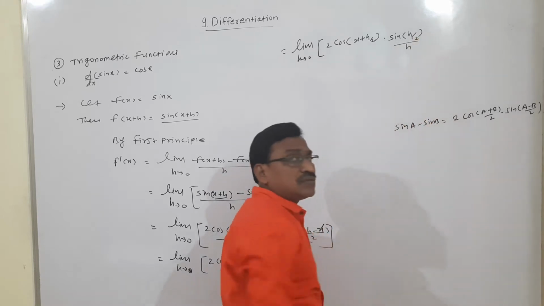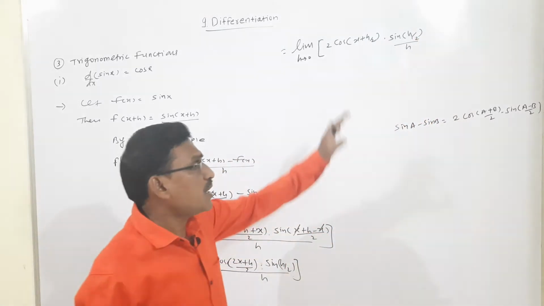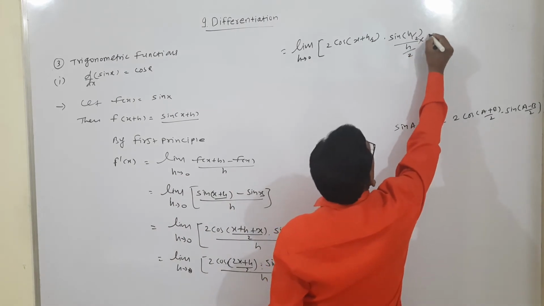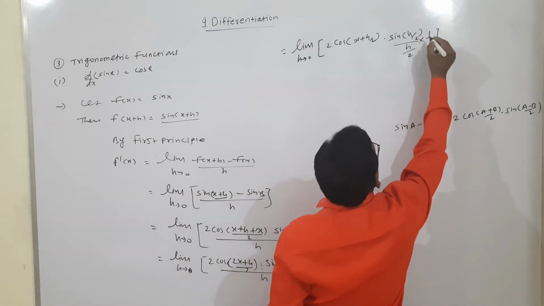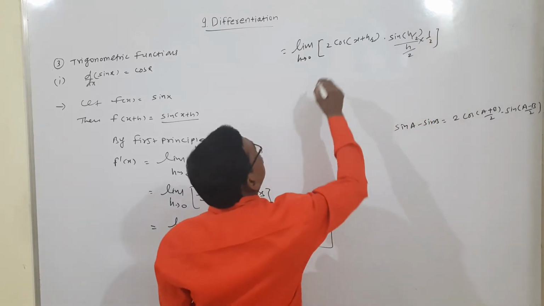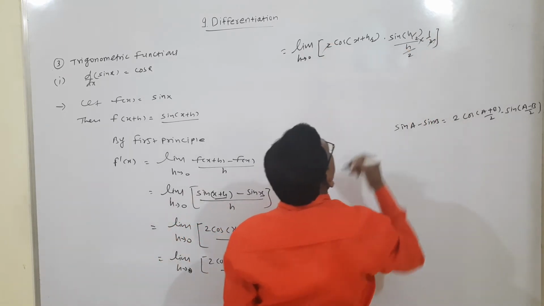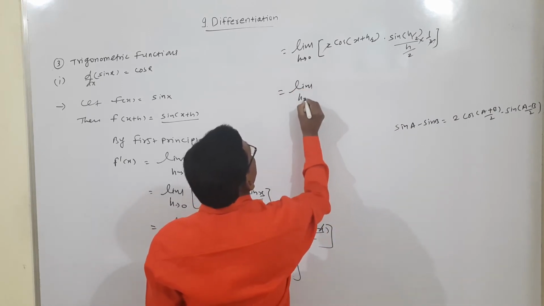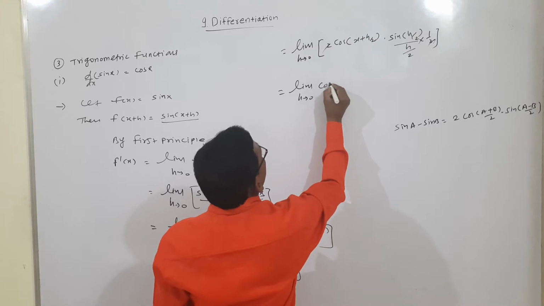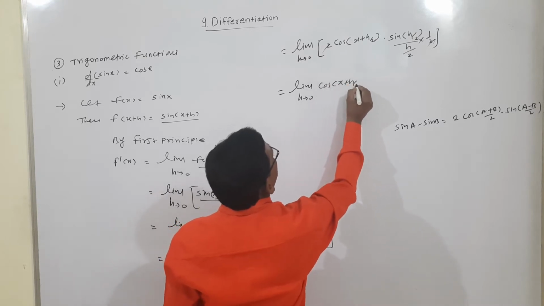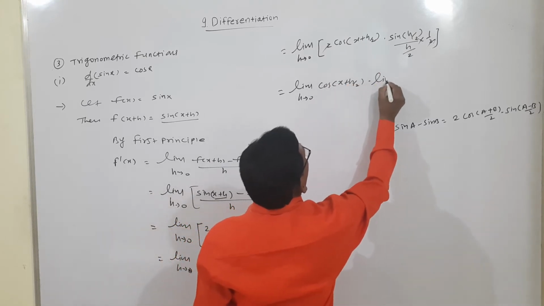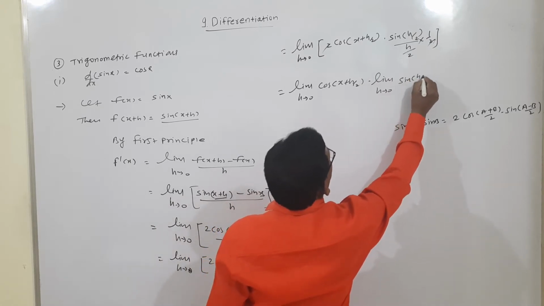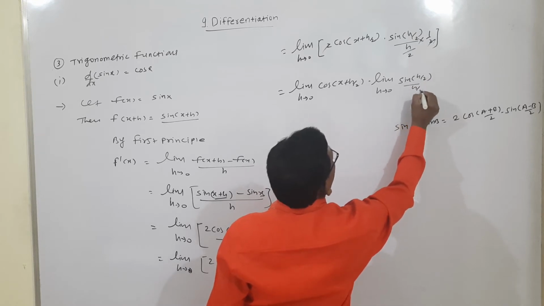Here the angle of sine is h by 2, so we have to divide and multiply by 1 by 2, and these two and these two will get cancelled. Therefore we apply the limit separately: limit as h tends to 0 of cos of x plus h by 2, into limit as h tends to 0 of sin of h by 2 upon h by 2.